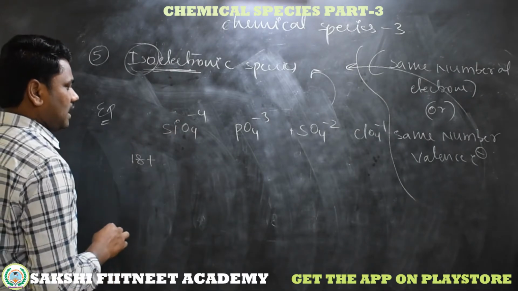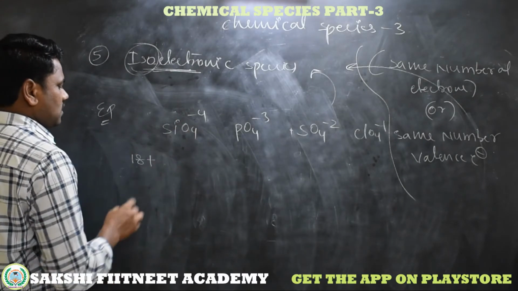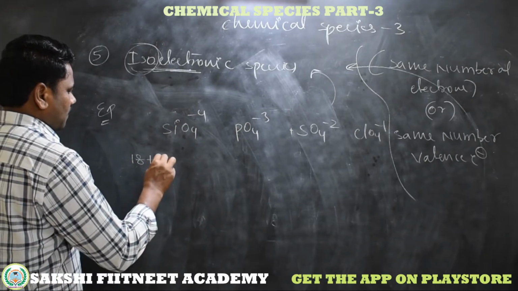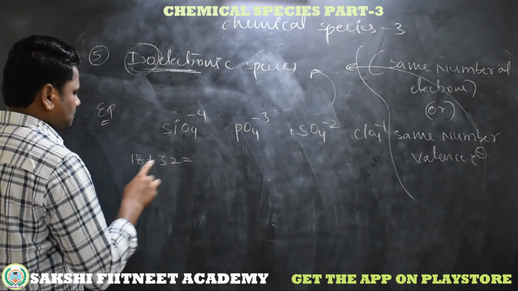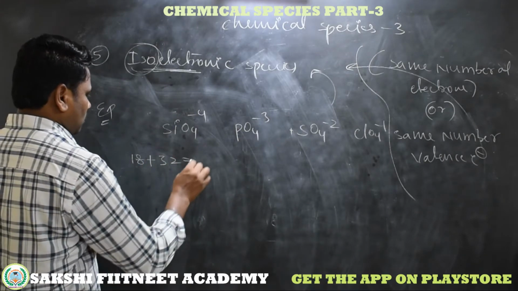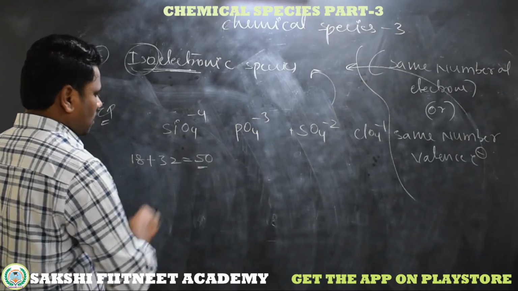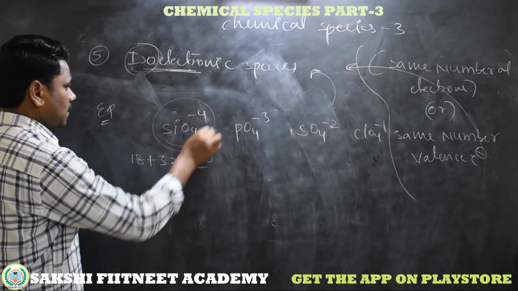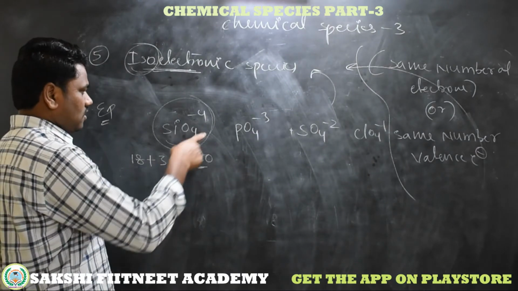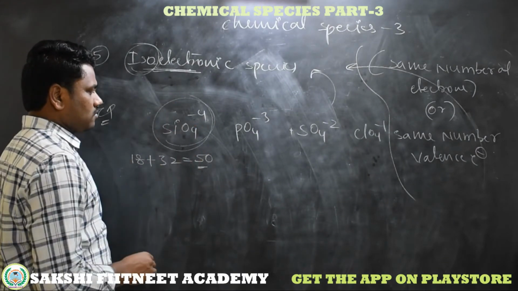Each oxygen gives 8 electrons, so 4 oxygens make 32. 18 plus 32 is 50. The total number of electrons in this fragment is 50. So 50 electrons are present in SiO4 -4.